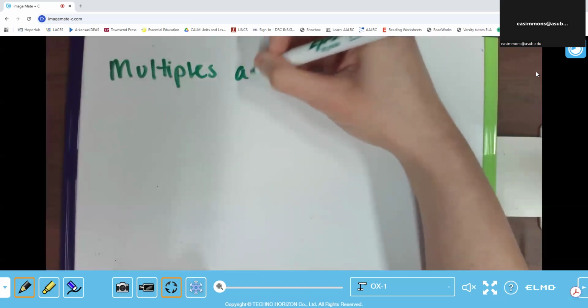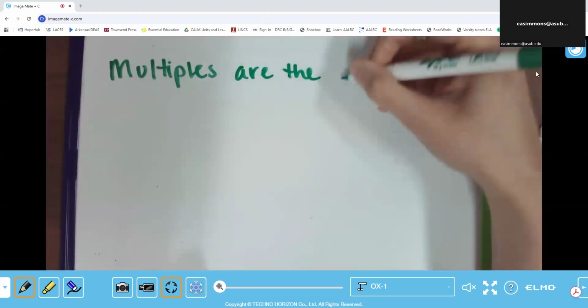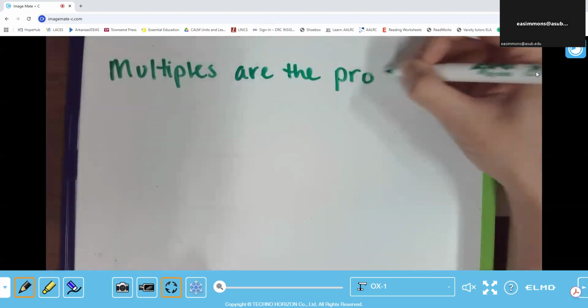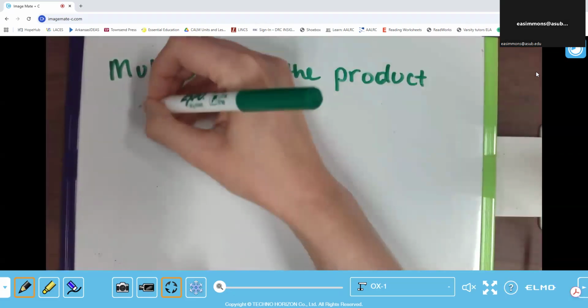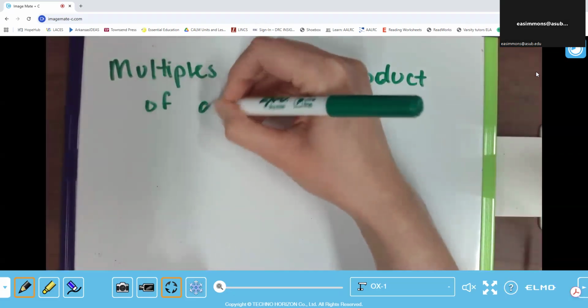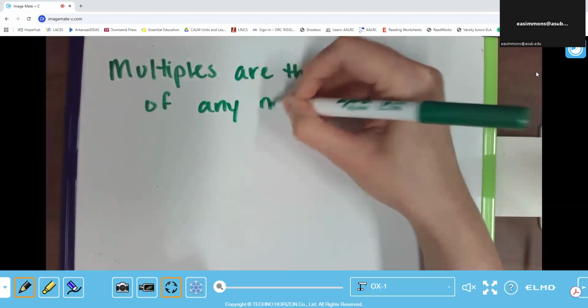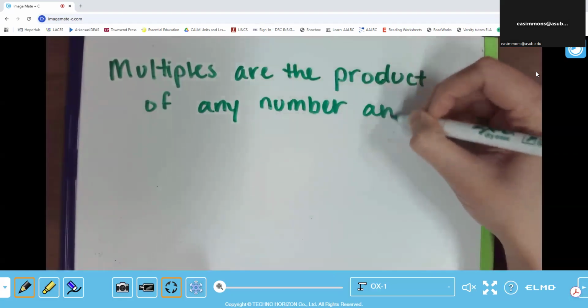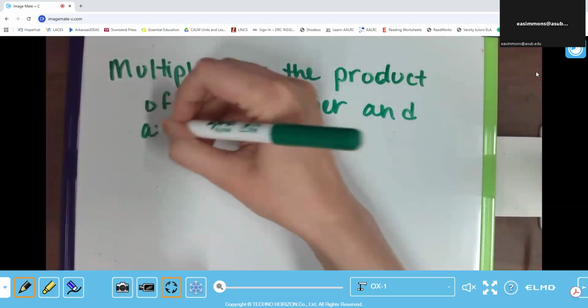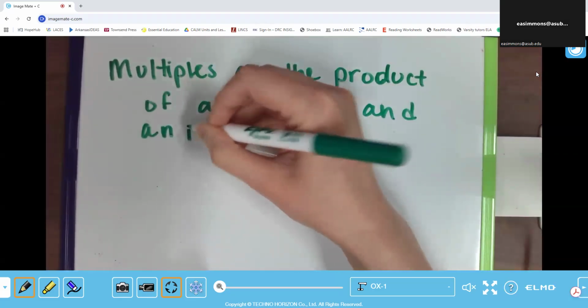So multiples are the product of any number and an integer.